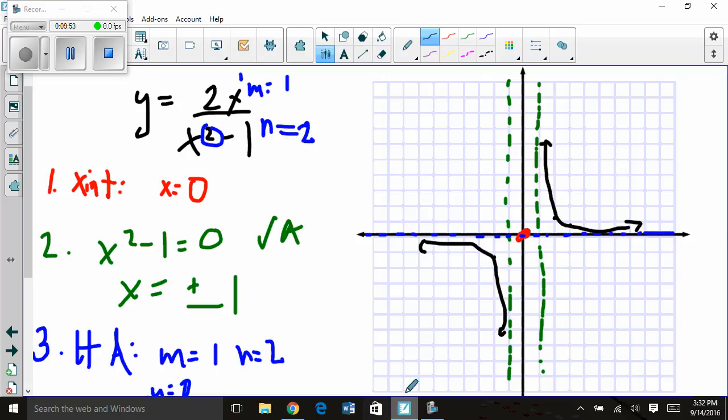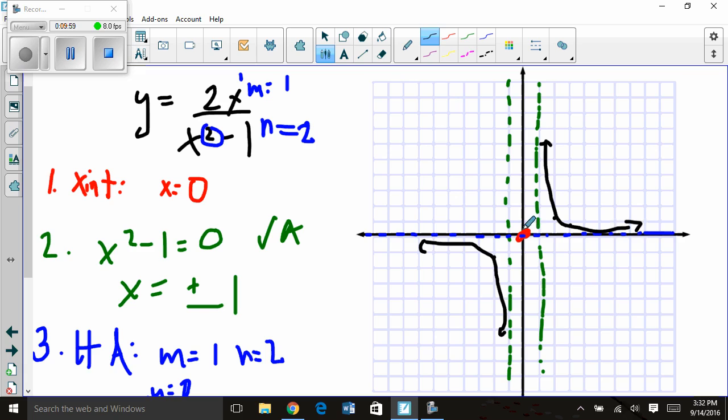Lastly, we still have to do the middle, so that's what's different here. Let's do a half, because we're going between -1 and 1. Half's probably easy. So 2 times a half is going to be 1. So we have 1 on top. And then a half squared is 1/4. Minus 1 is -0.75.